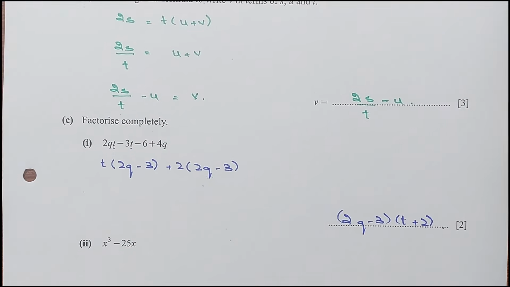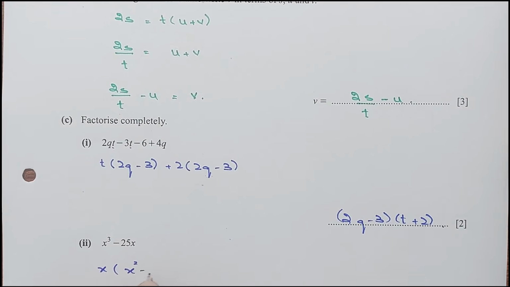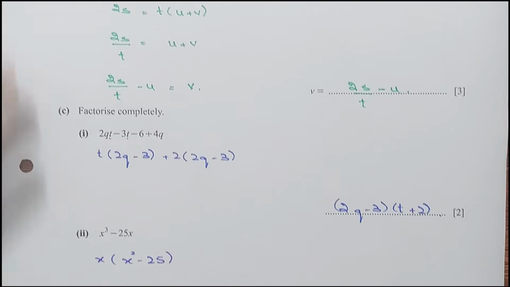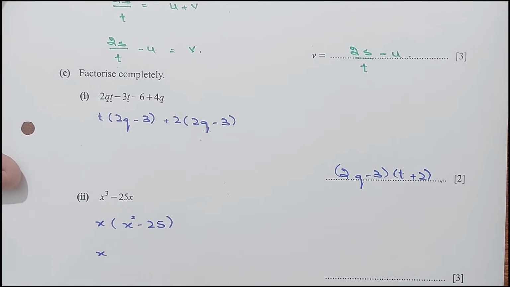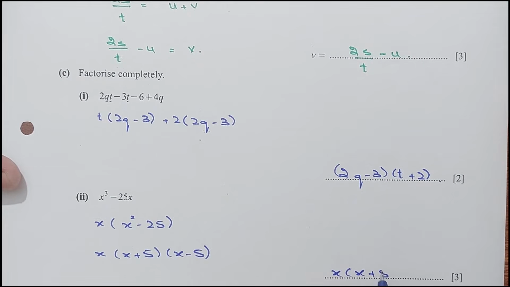Now for the second part, x cube minus 25x. Let me take x common. So we have x square minus 25. So we have to use the formula of difference of squares, which is x plus 5 and x minus 5. So the factors are x, x plus 5 and x minus 5.